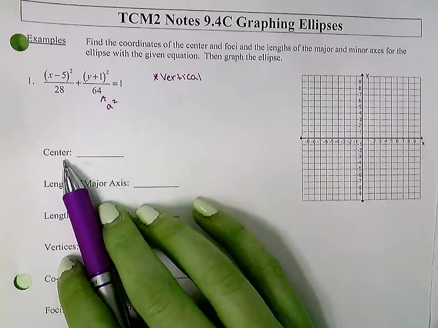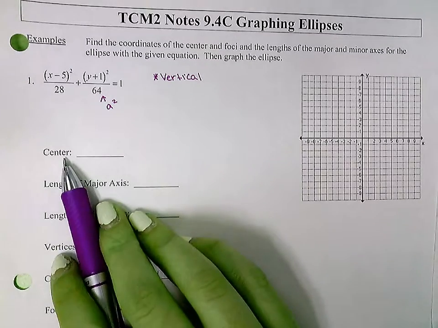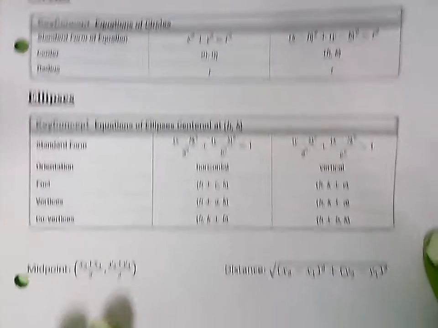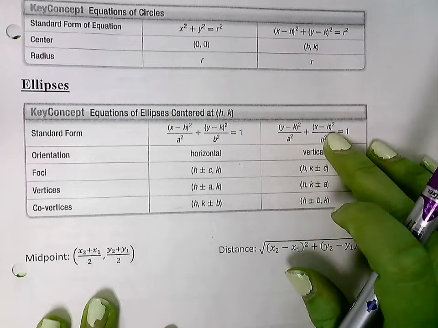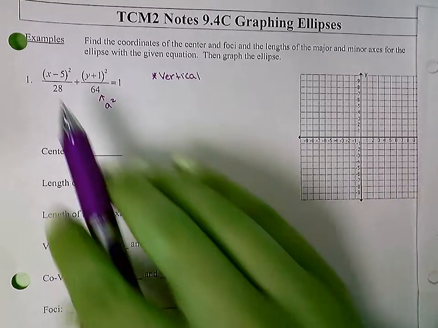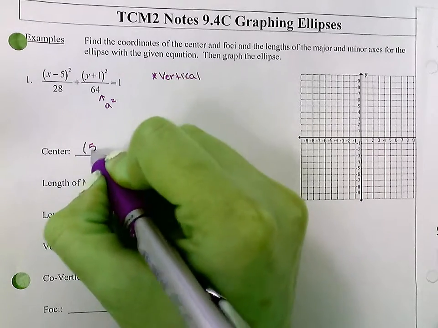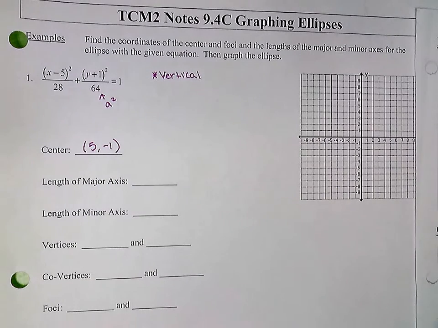Next I can start labeling my information here. My center is at h, k. Again, looking at my chart, this is vertical, k is with y, h is with x. So my h would be 5, k is negative 1. That's your h and k value.